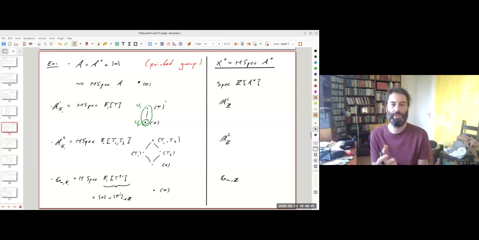I mean, T plus 1 doesn't exist. That would usually appear on the affine line over Z or over a field. A2 then has two variables, and we get four prime ideals like this.